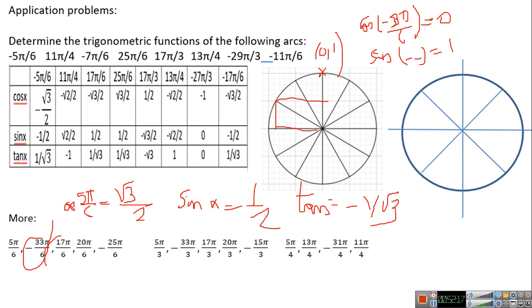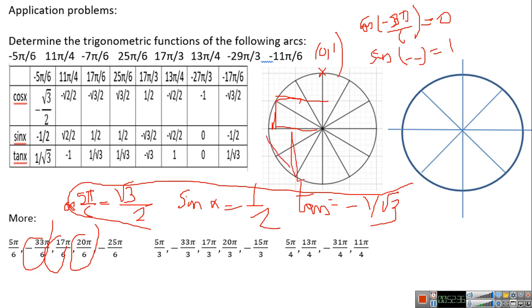If you want to do 17 pi over 6, a circle is 12, plus 3, 15, remains 2. It's the same as this one that we did here. 20 pi over 6, 12 plus 6 is 18. Here remains 2. So you can see for 20 pi over 6, the cosine is minus half, the smallest distance.